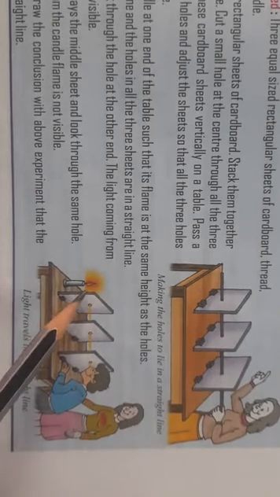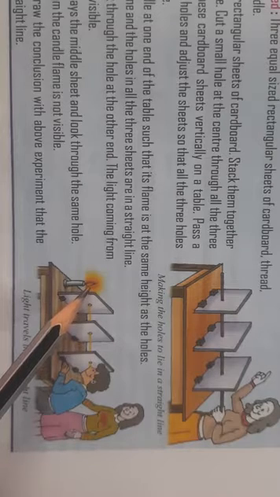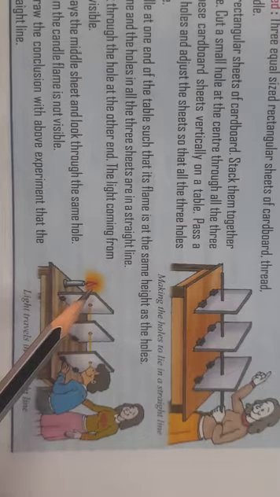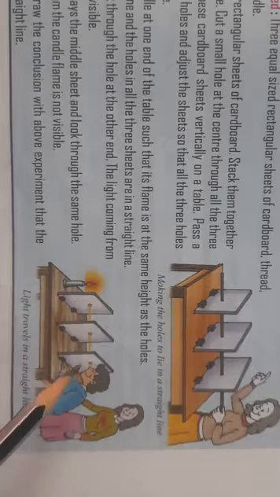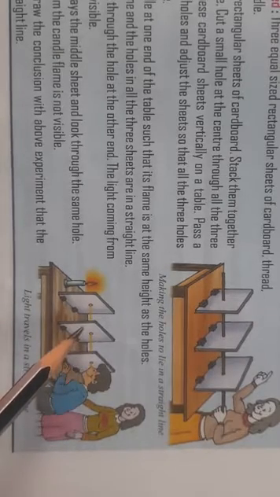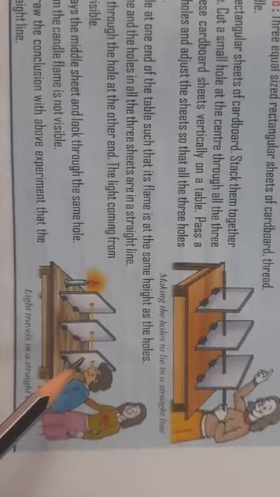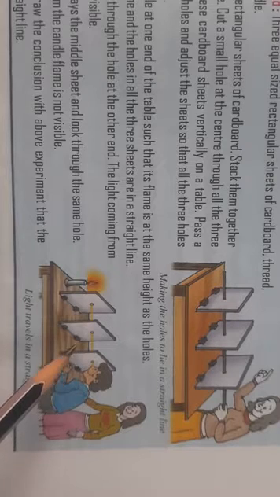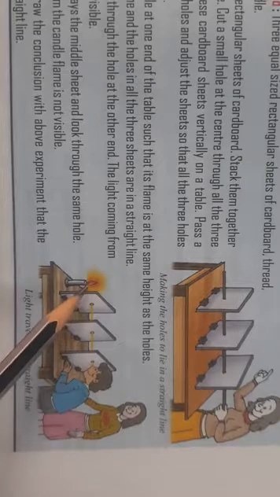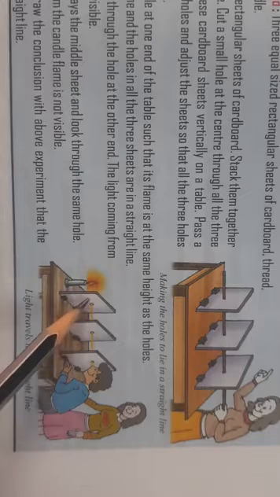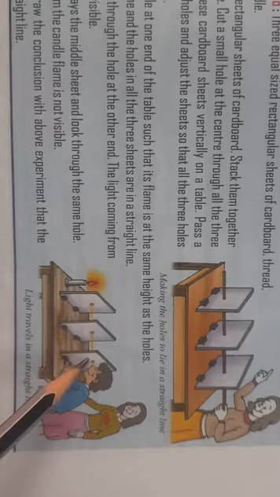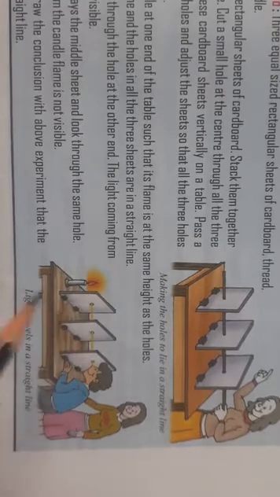Again the same thing, you have lighted a candle and you have to see the flame at the same height. Now when you look at this, what will you see? You will be able to see the candle flame all through these three cardboards.